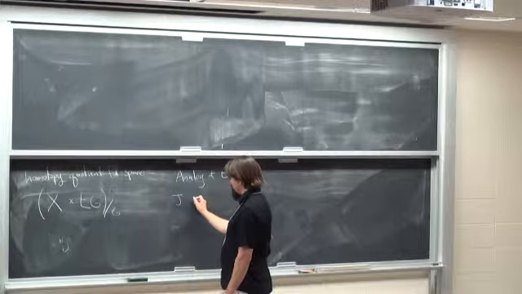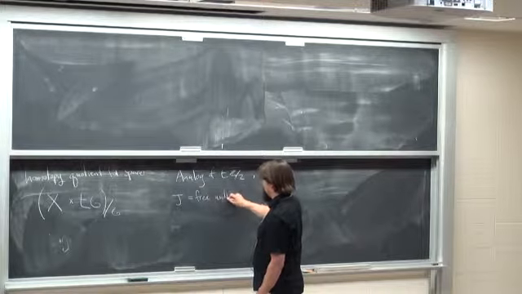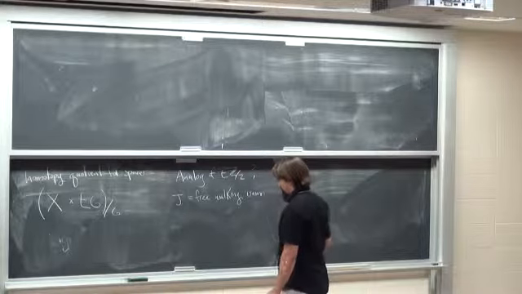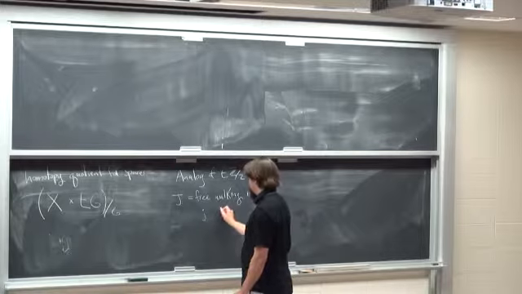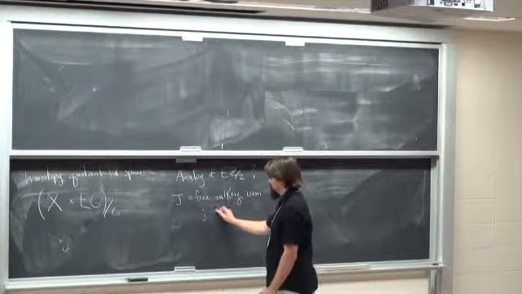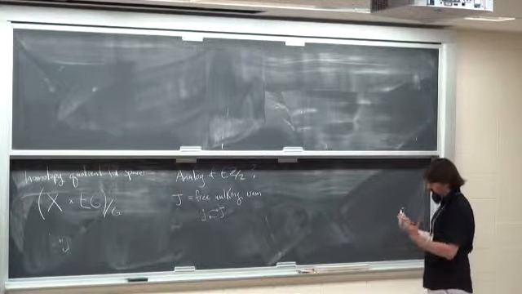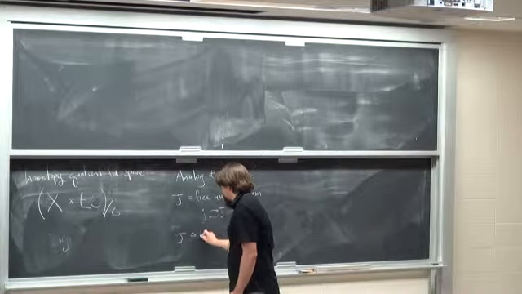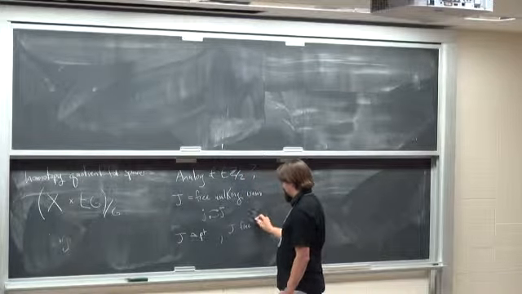There's this category J, which is the free walking isomorphism. So it has two objects, J and J inverse, and it has two different morphisms, which are isomorphisms. And it has no non-trivial automorphisms. So J is equivalent to the terminal category. But J has a free Z2 action.